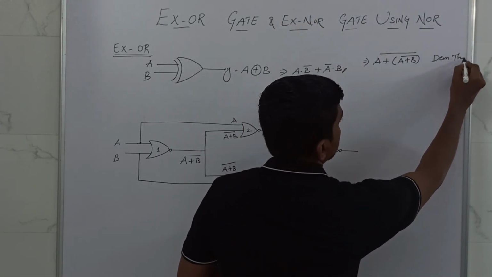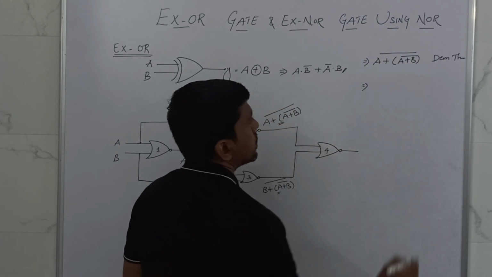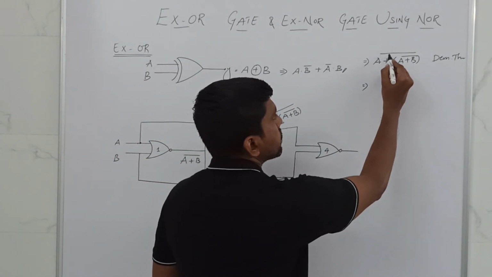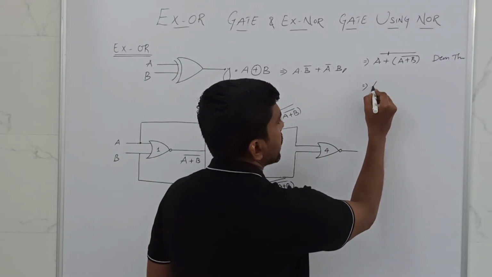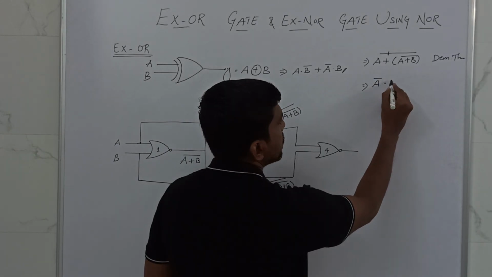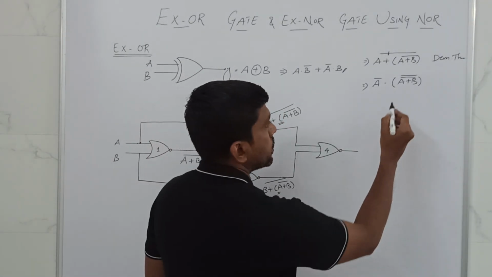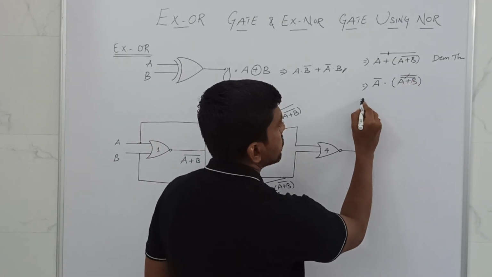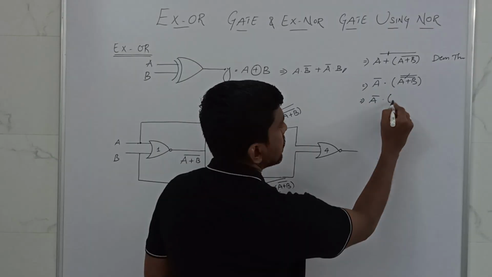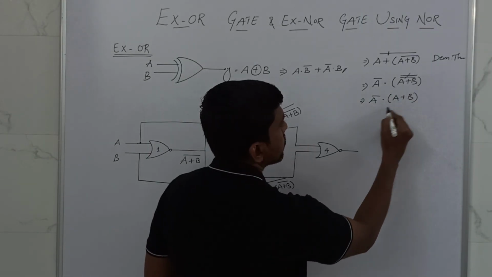Break the bar, change the sign. So A bar dot A plus B bar, again one bar. So this bar cancels: A bar dot A plus B.